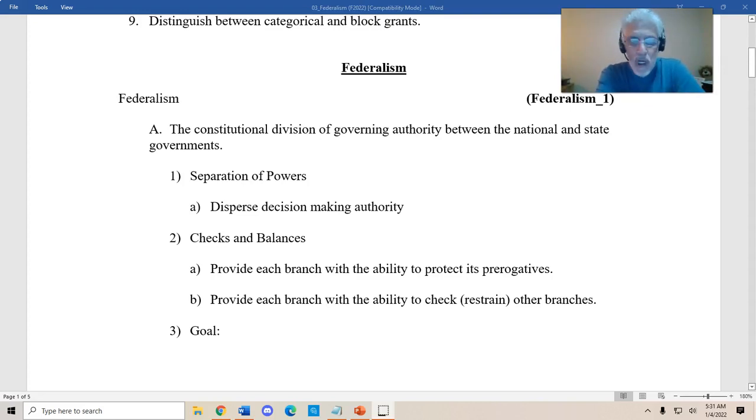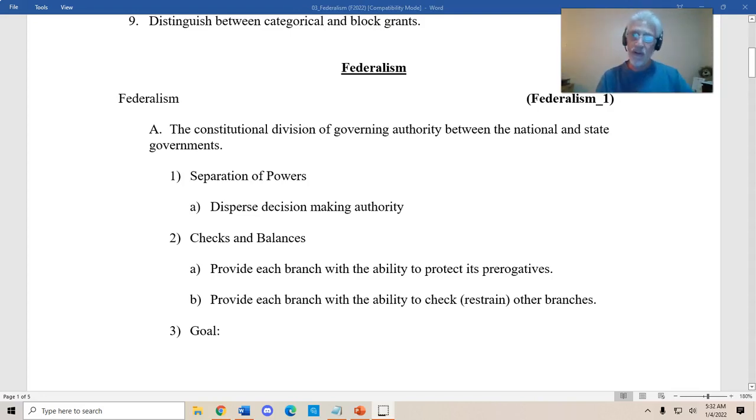When I talk about separation of powers, the idea is that when the framers set up the Constitution, they dispersed decision-making authority. They wanted to make sure that the authority to make decisions was spread out to as many people, as many branches of government as possible.